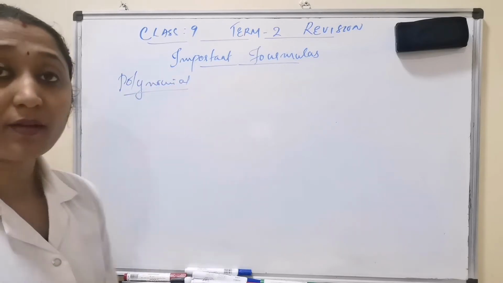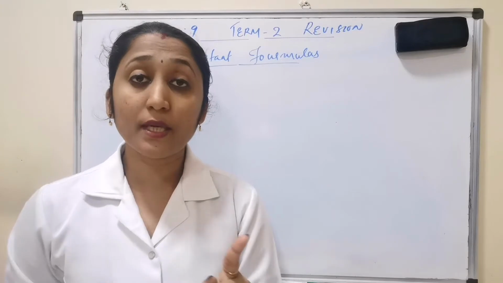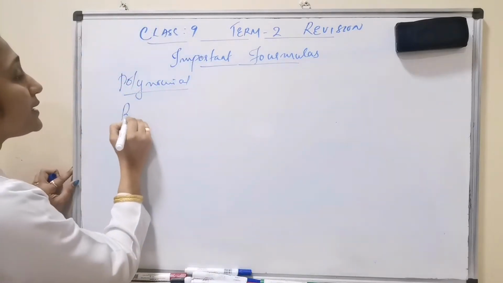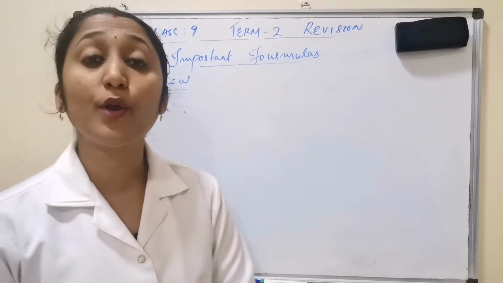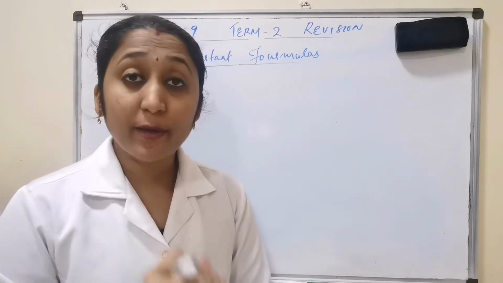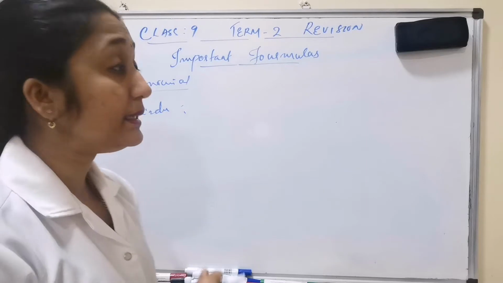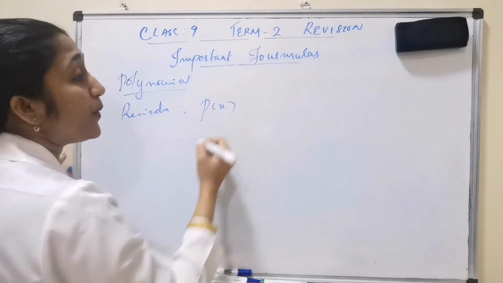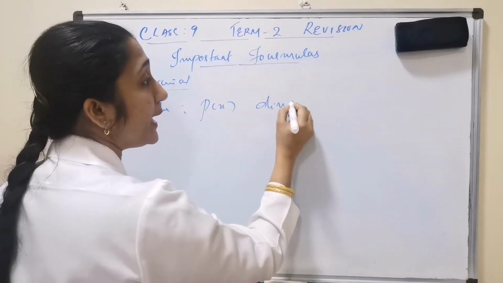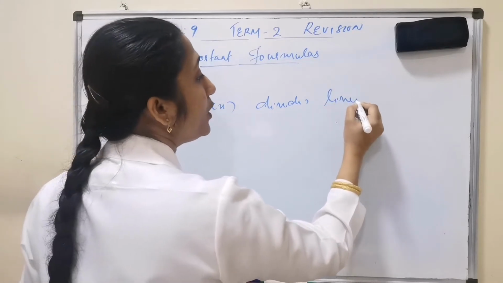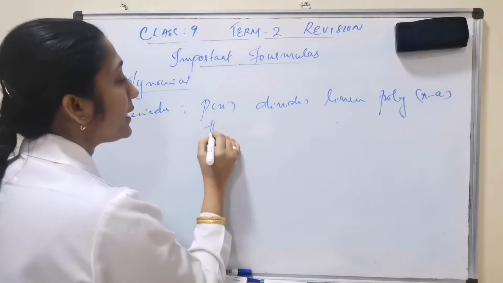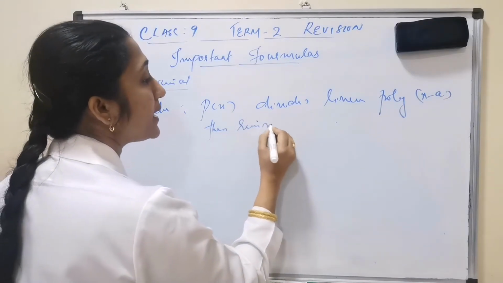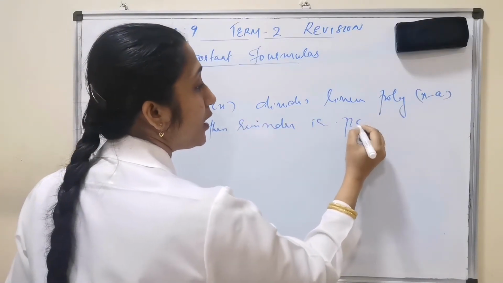In polynomial, the first important theorem is the remainder theorem. If any polynomial p of x is divided by a linear polynomial x minus a, then the remainder is p of a.